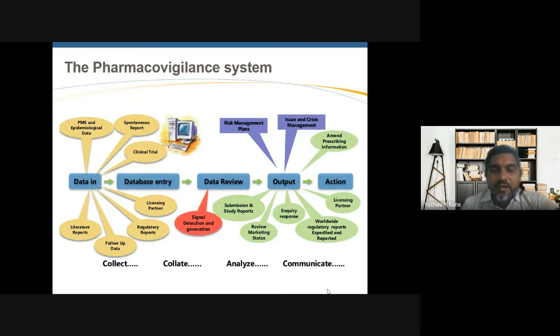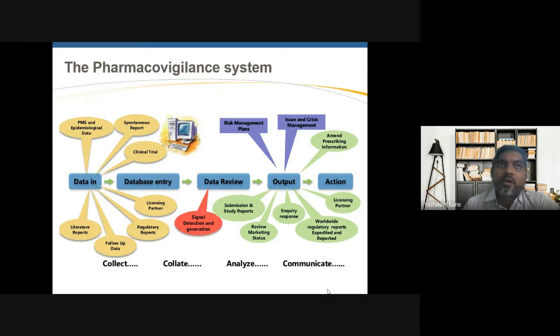Here also, for the pharmacovigilance world, there is data in, and that is from patients, from doctors, from clinical trials, from the licensing partners, or from the regulators, like we have DCGI, US FDA, EU. Okay, so all these are the incoming sources of the data.